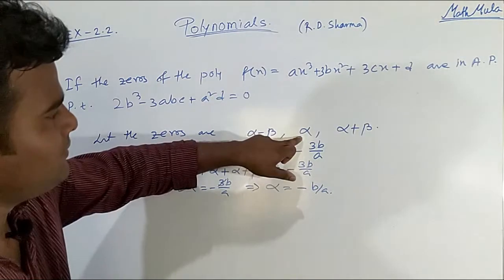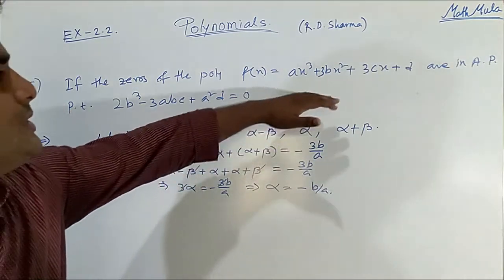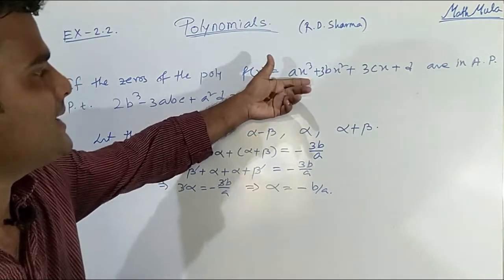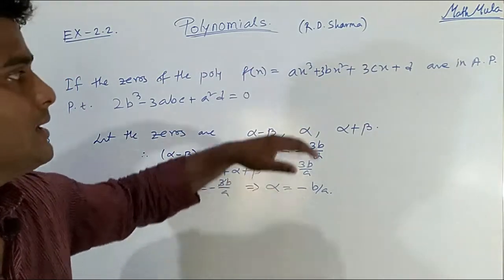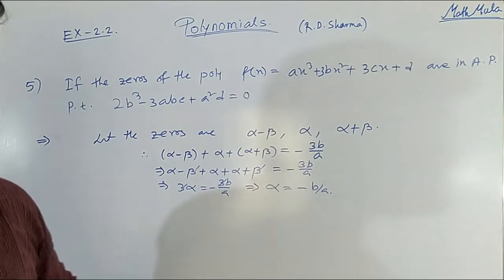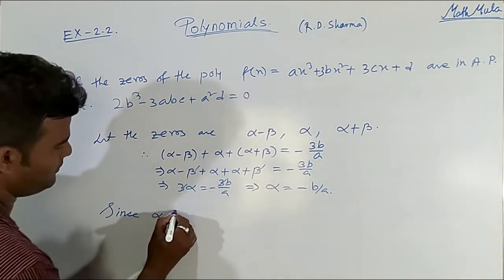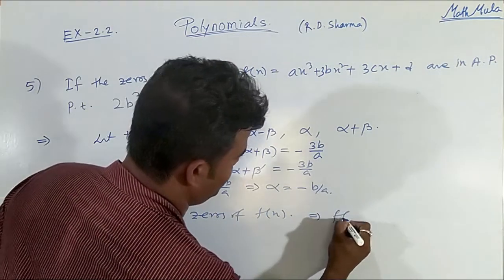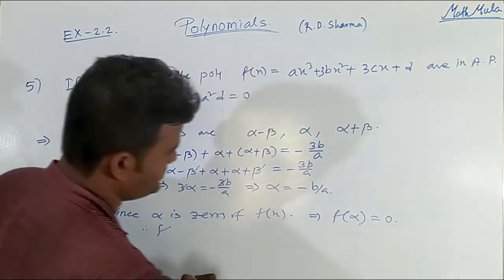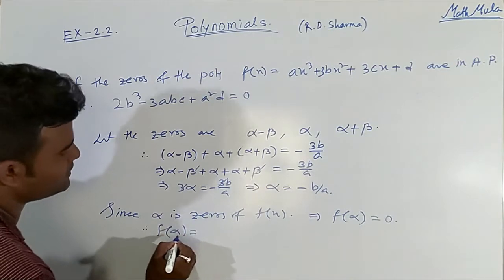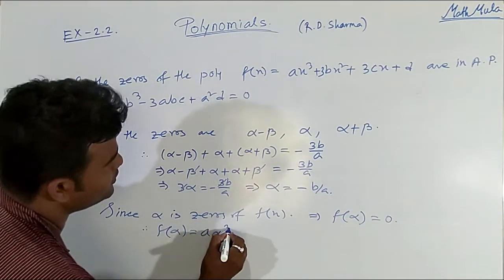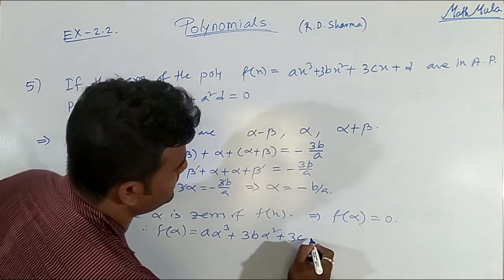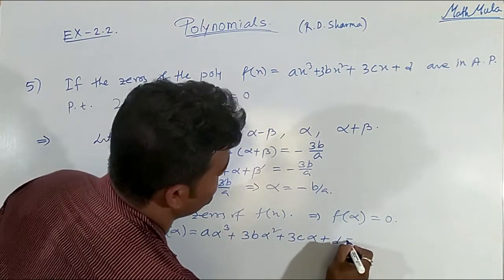Now look, alpha is also a zero of this polynomial. That means if we put the value of x as alpha in this polynomial, then the value of this polynomial will be 0. Since alpha is a zero of f of x, that implies f of alpha is equals to 0. Now f of alpha is equals to a alpha cube plus 3b alpha square plus 3c alpha plus d is equal to 0.